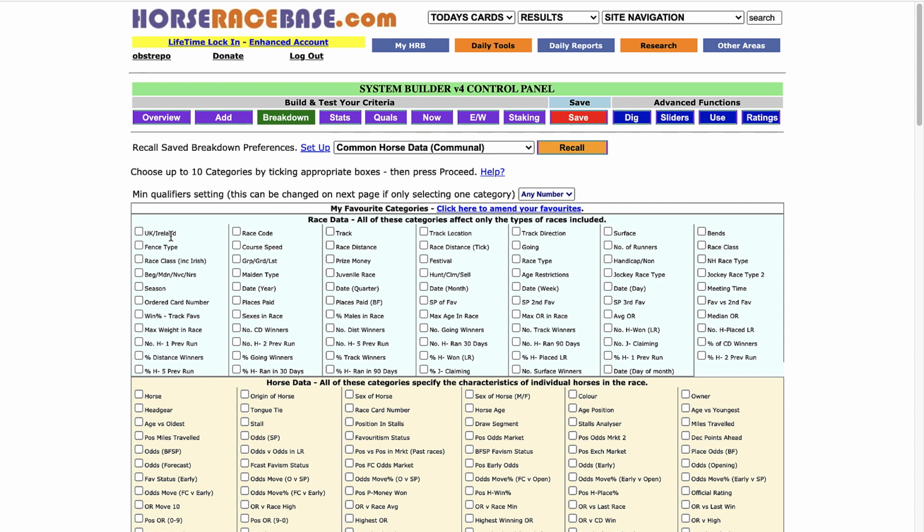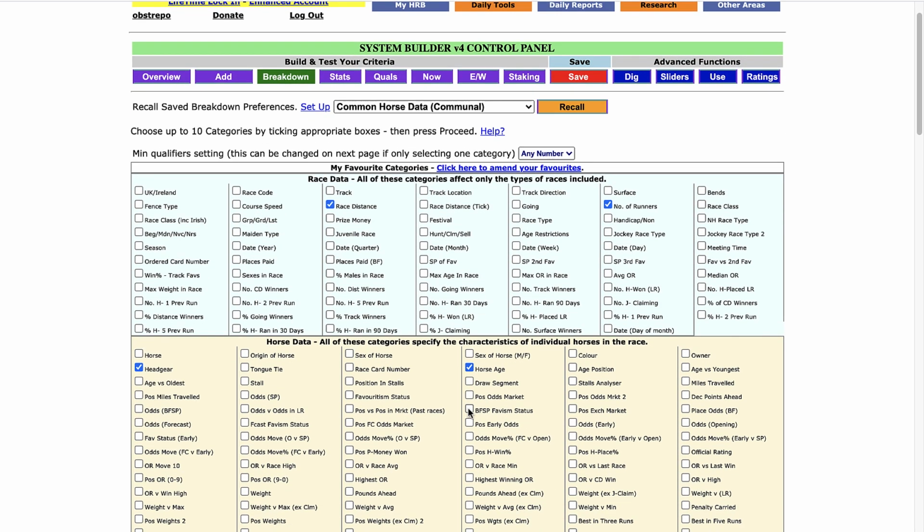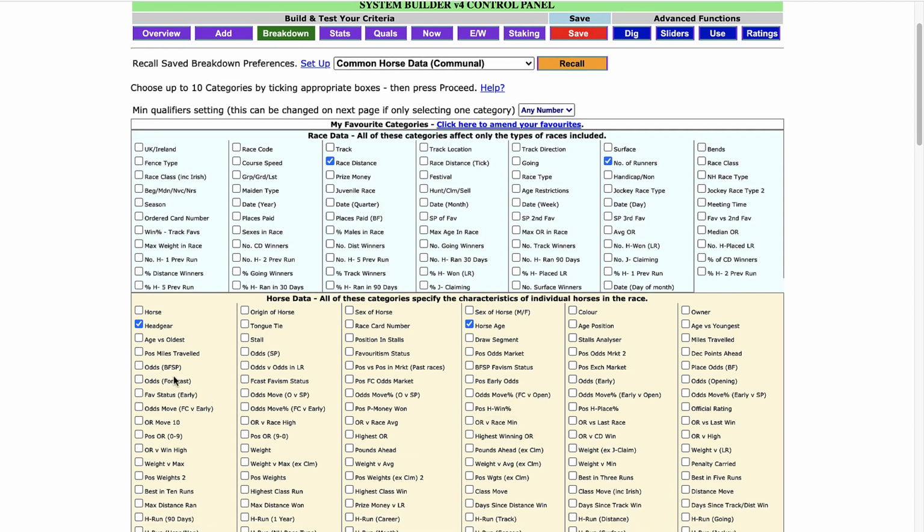So we know what happened with UK and Ireland, so we'll leave that off from now. Number of runners. Handicap, non-handicap wasn't significant. Put race distance. Class we've just included. So headgear. Sex wasn't significant. Put the age now, I can't remember what that was like. Betfair SP.